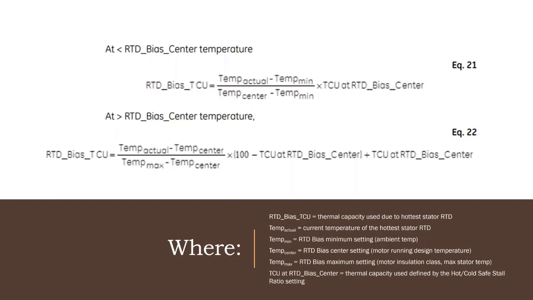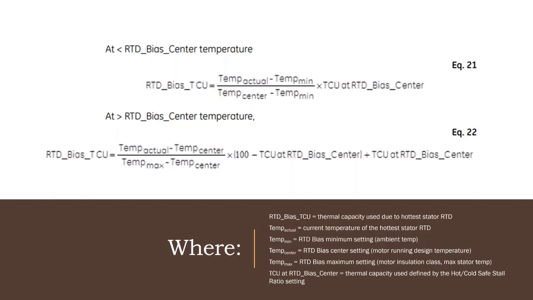Then equation number 21 here is going to be used. We take the actual temperature and subtract the minimum RTD temperature, take that quantity and divide by the center RTD temperature minus the minimum RTD temperature, which is our ambient, remember? We multiply that by, because what we're getting there is a percentage, the thermal capacity used at the RTD bias center.